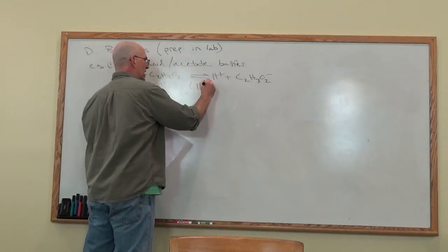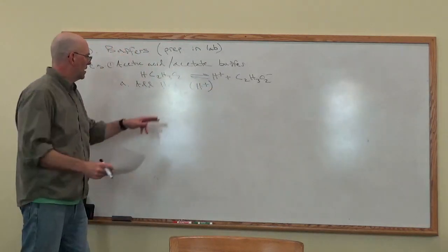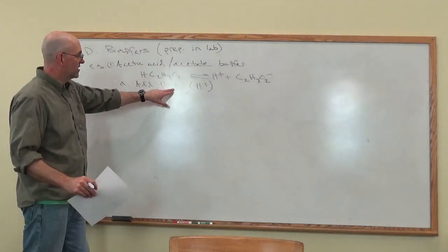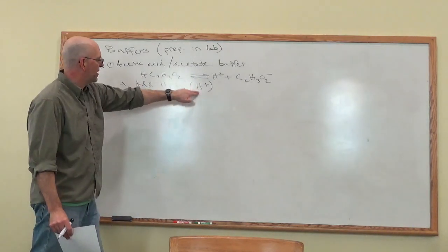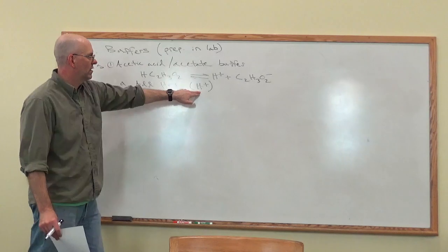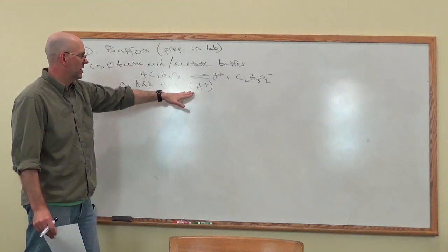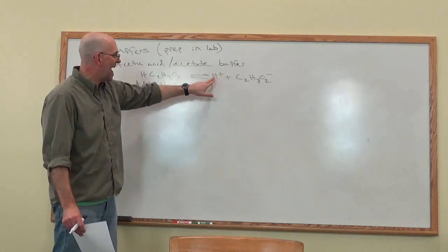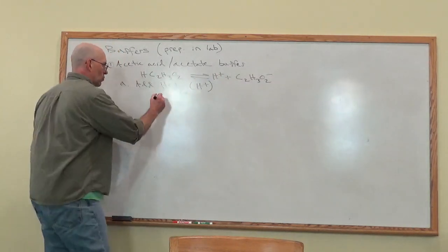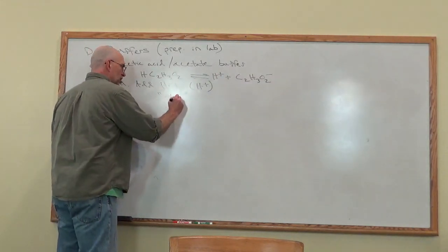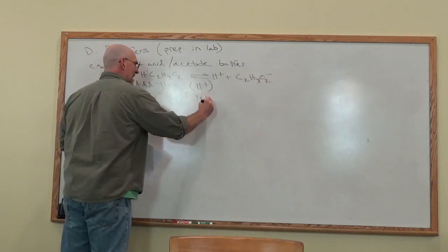Well, you know this already. If I add hydrochloric acid, the chloride does not have acid-base properties. All we're doing is dumping in a bunch of excess H+. Well, what does Le Chatelier's principle tell us? If I add a bunch of H+, we're going to get a shift left.